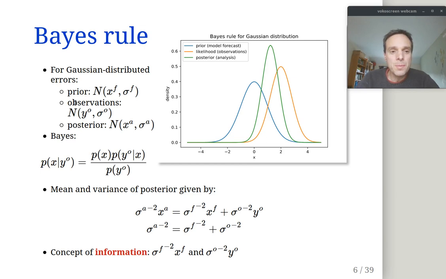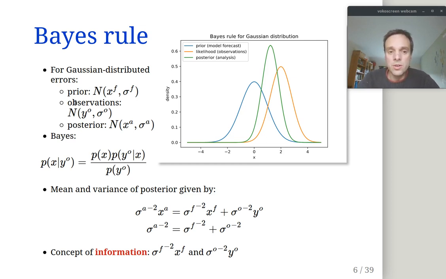The way data assimilation handles missing data, or data in general, is governed by what's called the Bayes rule, where you have a prior estimate, be it a prior model forecast or a prior estimate of the state of the ocean, and an observation. And the Bayes rule tells us how to combine these two kinds of information.